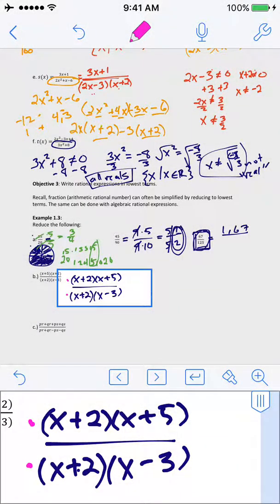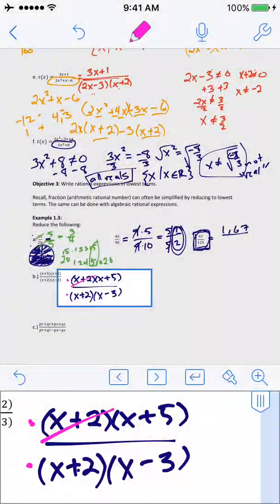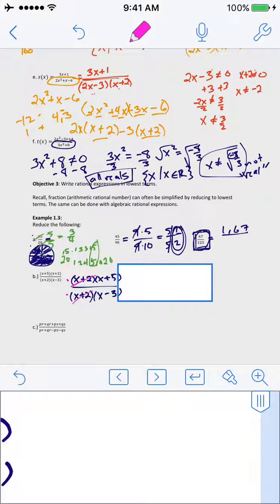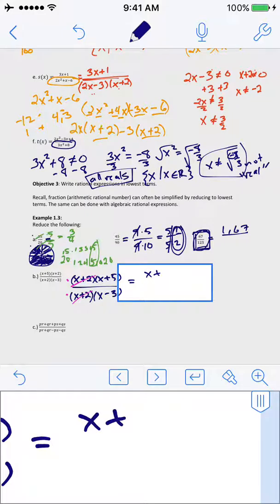So essentially I have x plus 2 over x plus 2. They cancel each other out by the quotient rule. And what I'm left with is x plus 5 over x minus 3. That's my final answer.